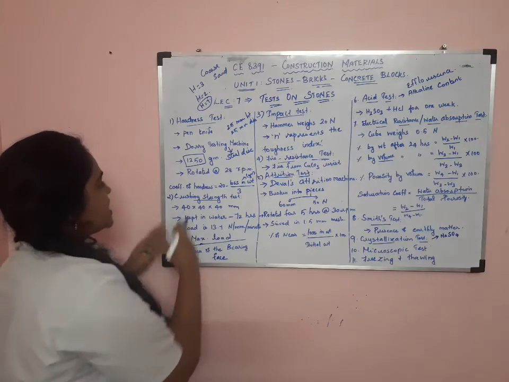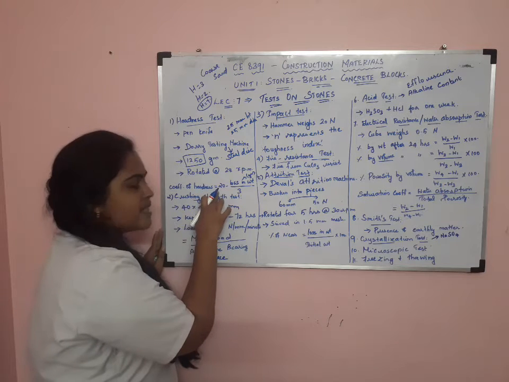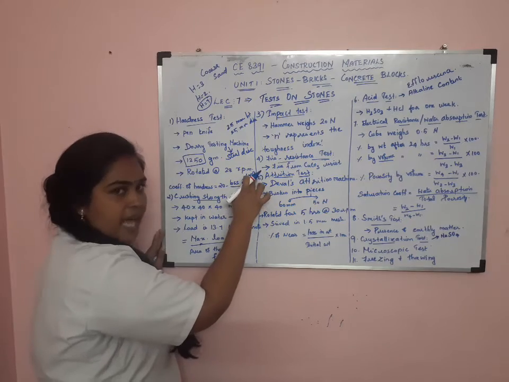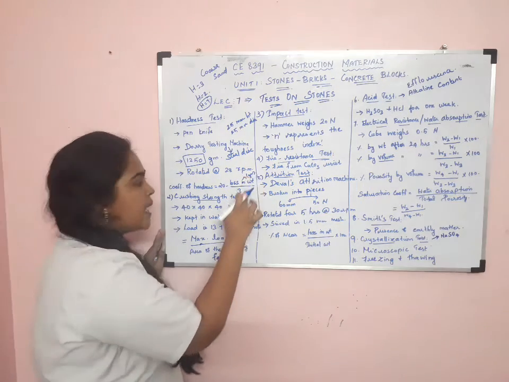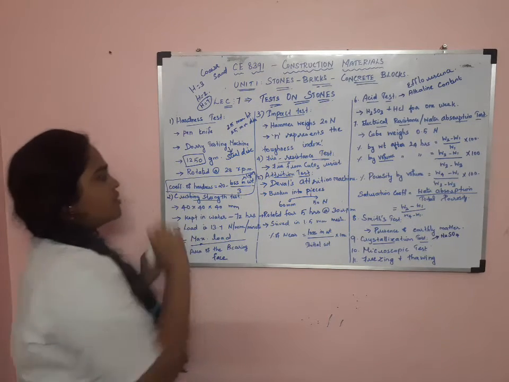By this we can find out the coefficient of hardness. That is, coefficient of hardness is equal to 20 minus loss in weight in gram divided by 3. We have to note the reading in gram. This formula will give the coefficient of hardness.